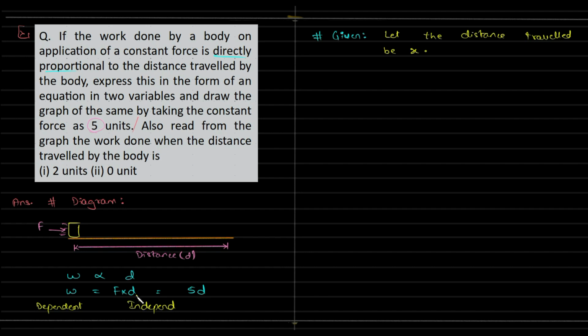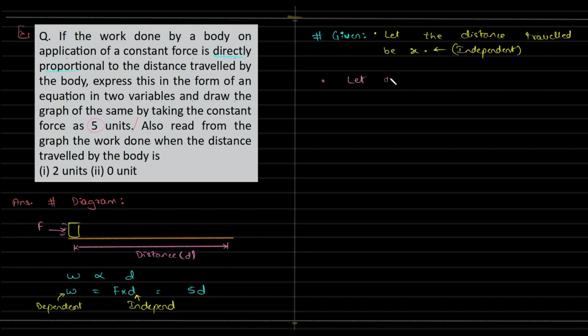So whenever you go with naming x and y, try to take x to be the independent one. And generally on the graph, y is the dependent one.